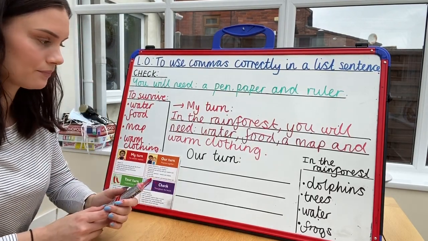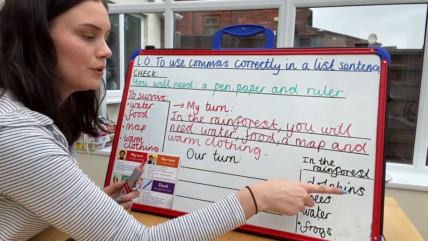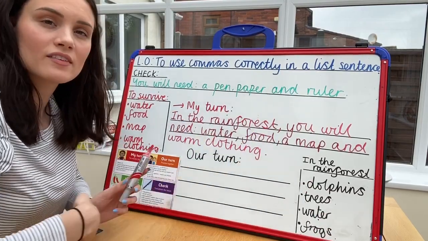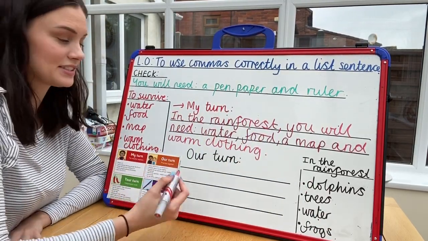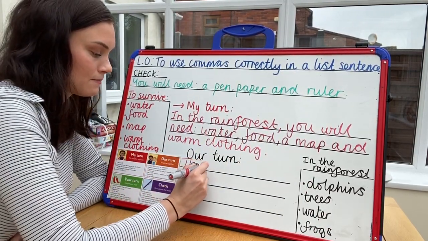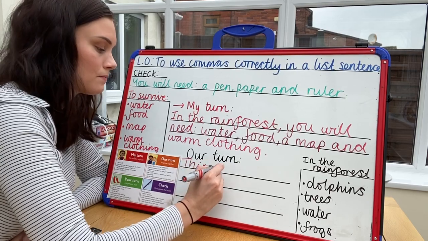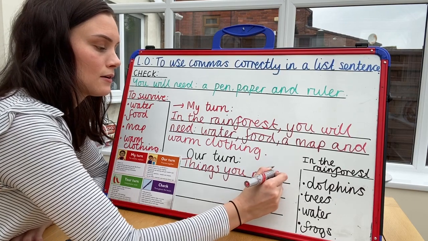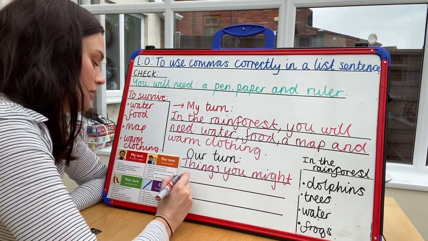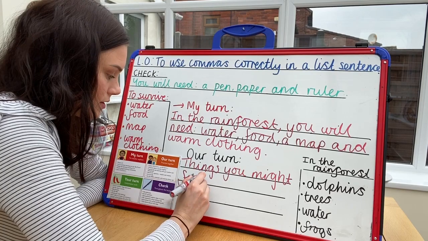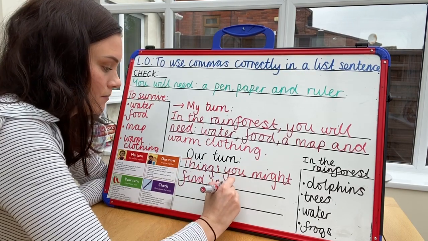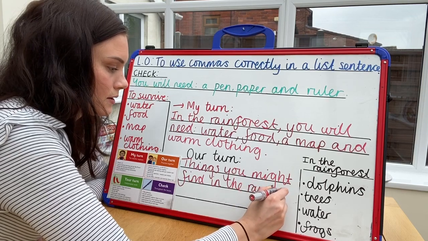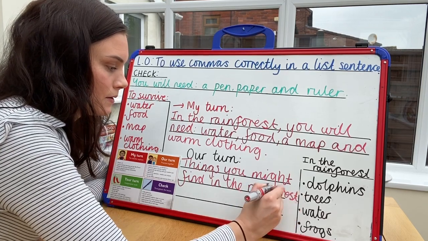Okay, let's have a go. So, I know that we're talking about in the rainforest. So, things that you might find in the rainforest are very simple. So, things you might find in the rainforest are.